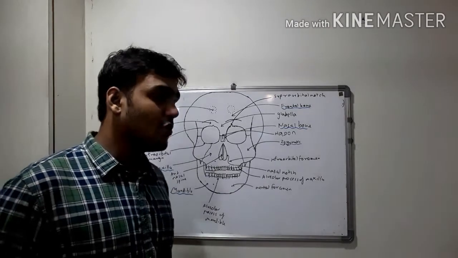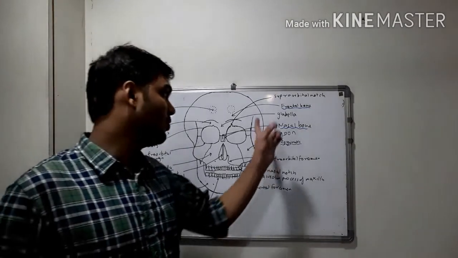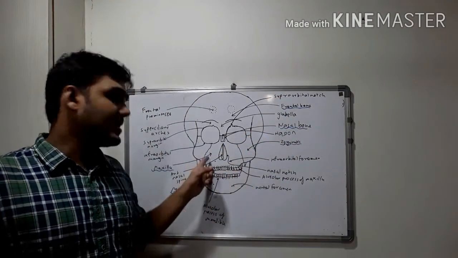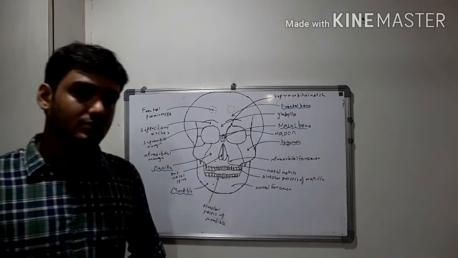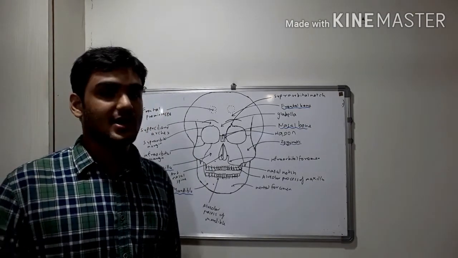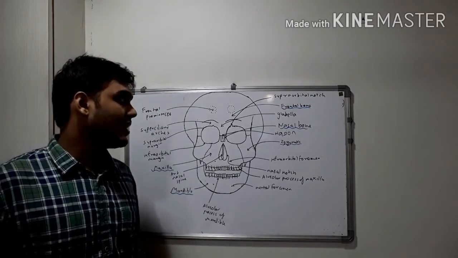So firstly, which bones are present in the frontal view? I have underlined those bones with the blue marker. So we have frontal bone, nasal bone, zygomatic bone, maxilla, and the mandible. And various osteological landmarks. So beginning with the osteological landmarks on the frontal bone.